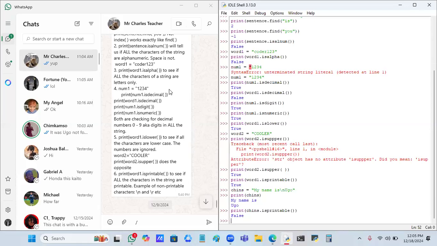Okay, good. Did we talk about upper and lower? Yeah, I think we talked about upper and lower. Not isupper, not islower. Okay, no problem. When I find it, I'll tell you. Okay, that's fine.